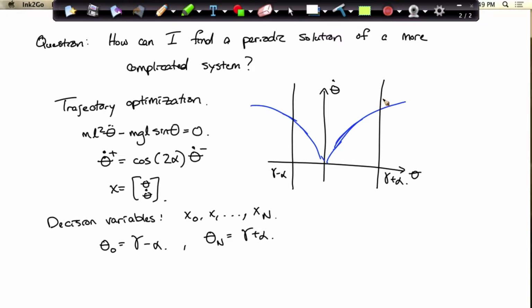I could say that my update map had better hold. Wherever I end up on the end here had better be a reset map away from this, right? It must be that theta dot at 0 had better equal cosine 2 alpha times theta dot at N. Of course, I need my dynamics to hold. I need my x at n plus 1 had better equal f of x at n.